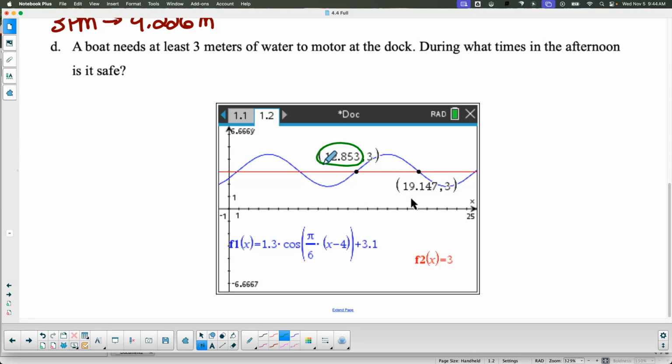What time during the day is that? Almost 1. Could we be a little bit more specific?